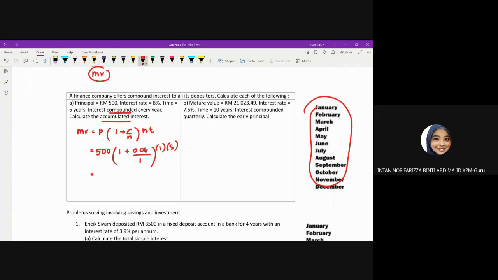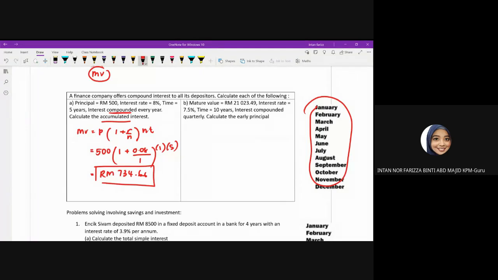Okay, can you please write the answer? In 2 decimal places, the answer is RM 734.66. But girls, this is the mature value.